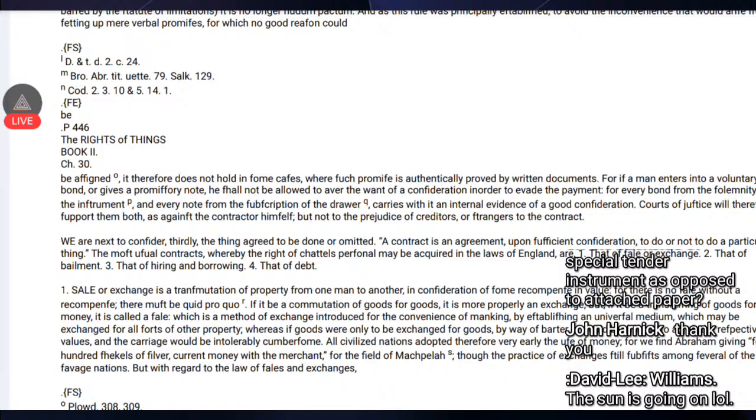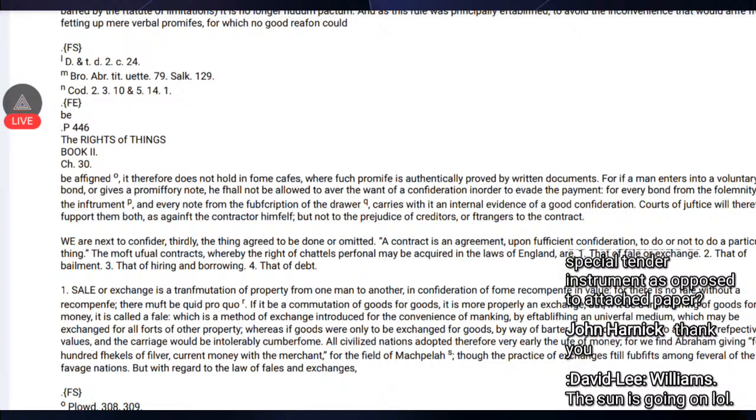That of sale or exchange; 2. That of bailment; 3. That of hiring and borrowing; and 4. That of debt. Sale or exchange is a transmutation of property from one man to another, in consideration of some recompense and value. For there is no sale without a recompense. There must be a quid pro quo.